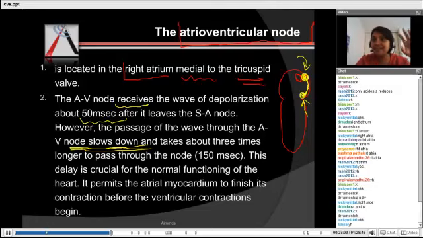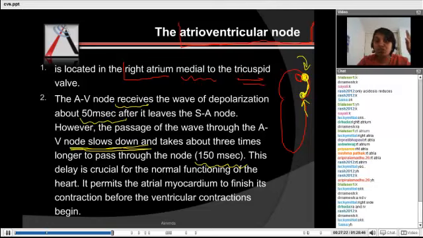So the node is acting as a barrier. The SA node sent the impulse to the AV node within 50 milliseconds, but the AV node is such a lazy fellow. It is slowing it down. It is taking 150 milliseconds to let it pass through the node.